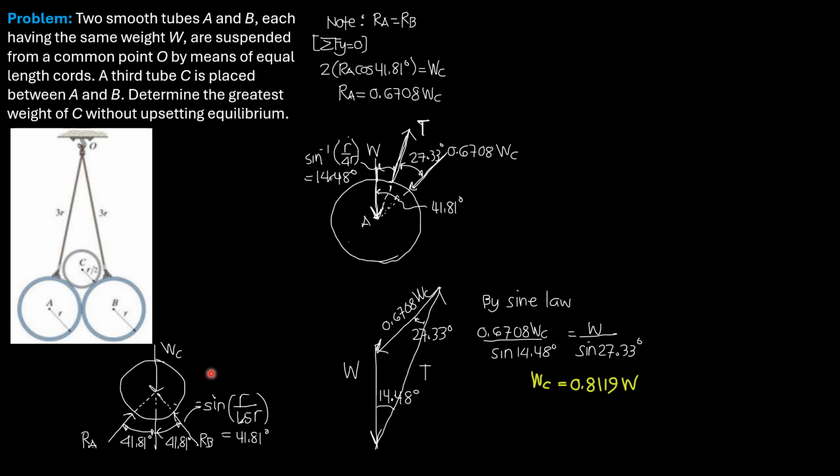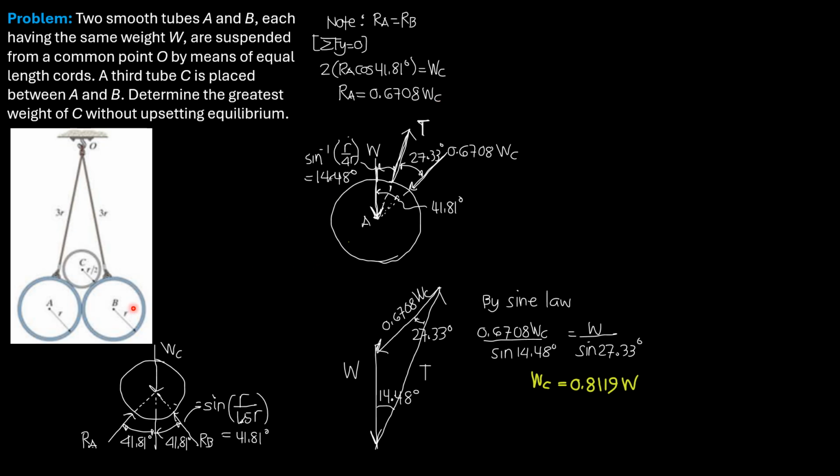Then summation of forces Y equals 0. So take note, RA equals RB. So we have 2 times the vertical component of RA, which is RA cosine of 41.81 degrees, equal to WC. So computing RA, expressing it in terms of WC, it is 0.6708 WC.